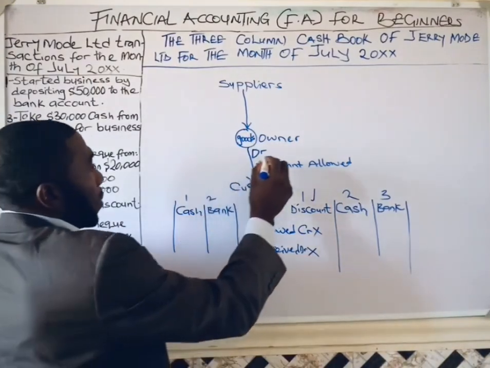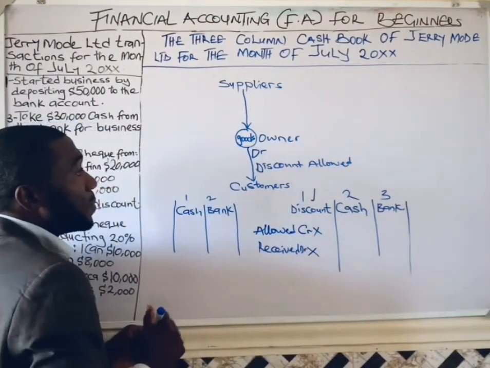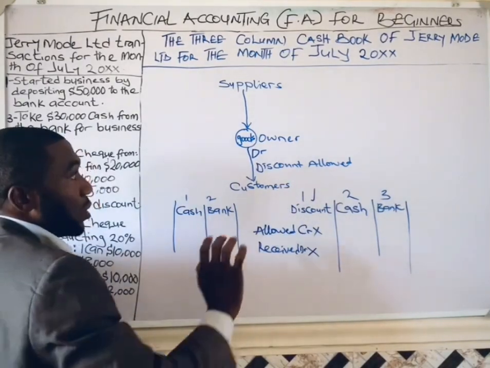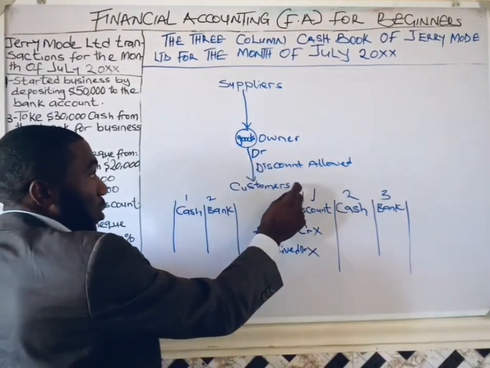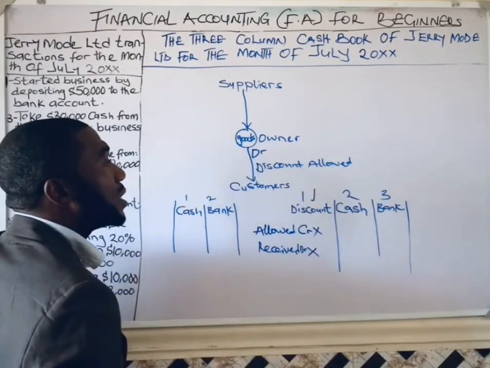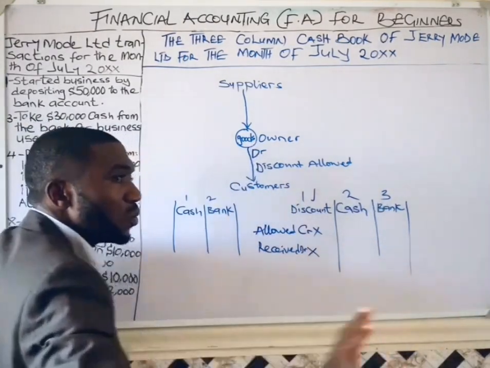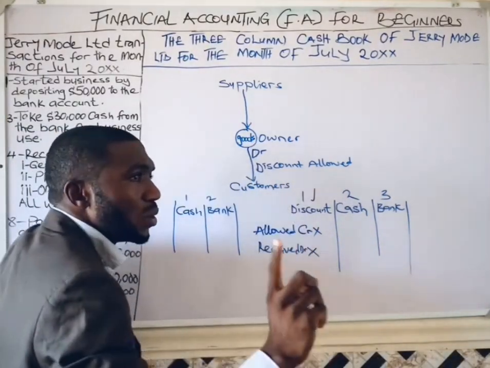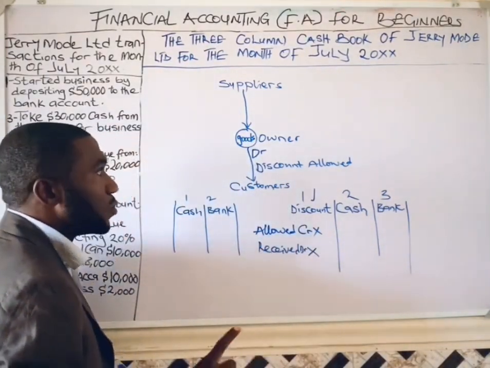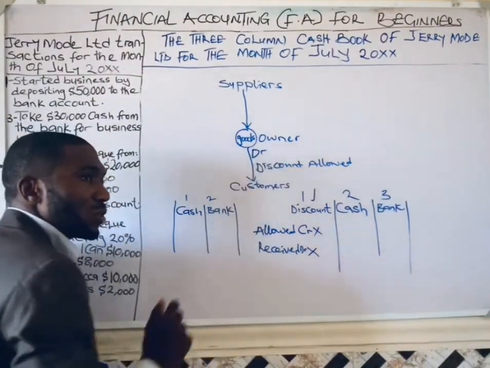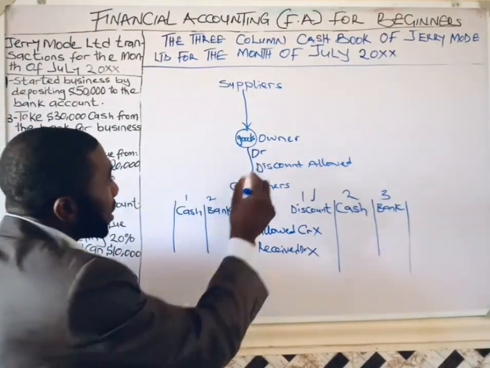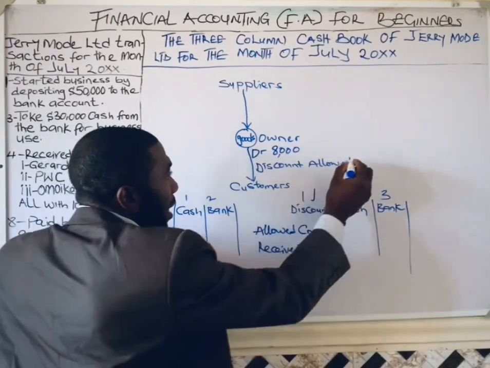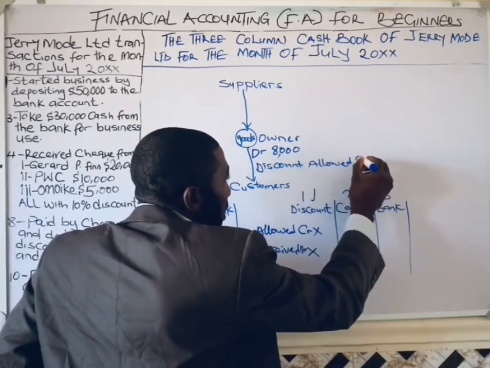Because we were supposed to receive $10,000 from this customer, for example. But we say no, we are allowing you a $2,000 discount to pay us $8,000. So we will receive $8,000 and allow that customer $2,000.